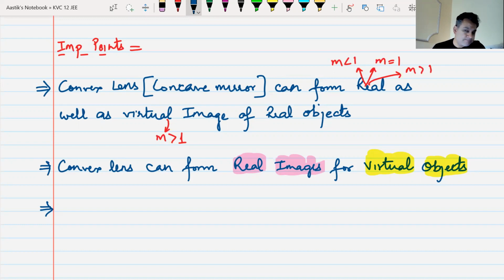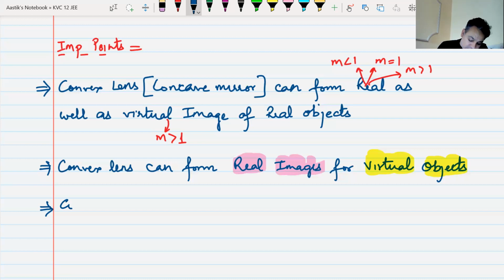What is one thing that a convex lens or a concave mirror cannot do? Virtual image for virtual objects.